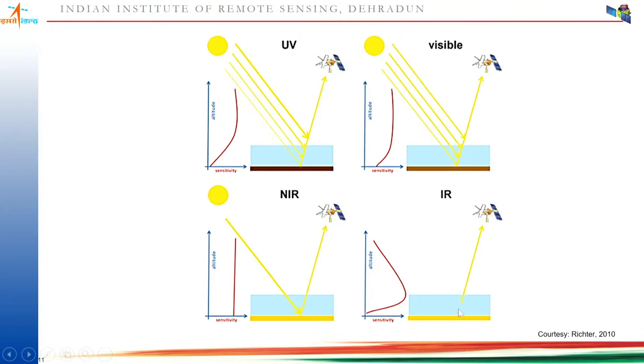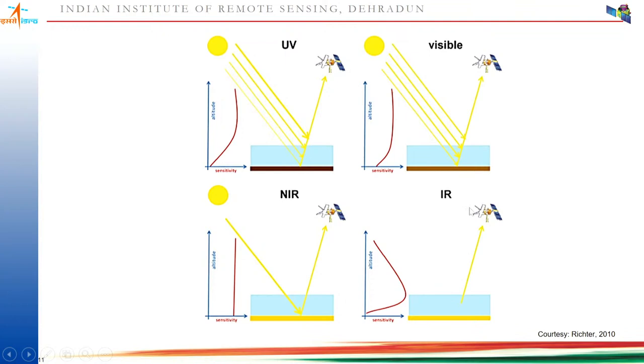But in the infrared emission, almost all the layers emit, and the information from these layers is gathered and converted back to get the vertical profile of the particular gas.